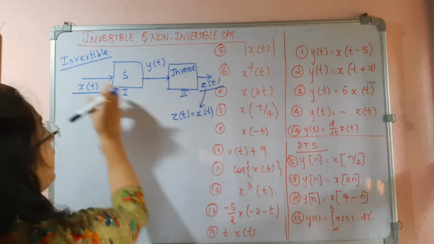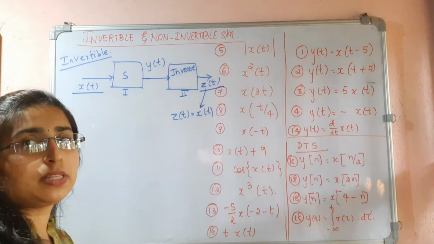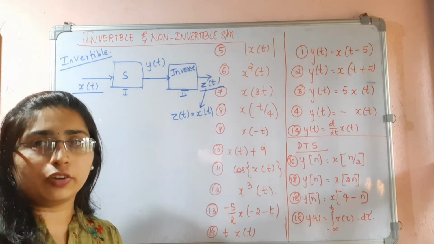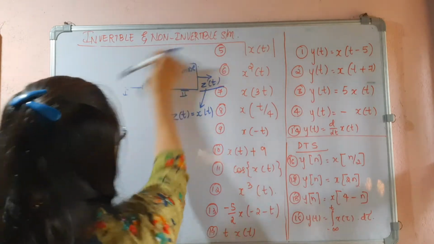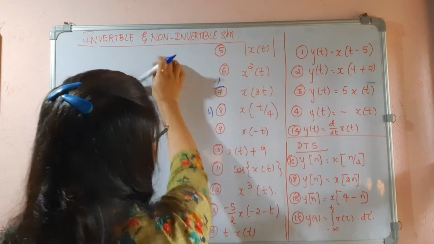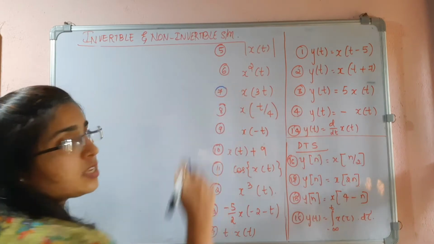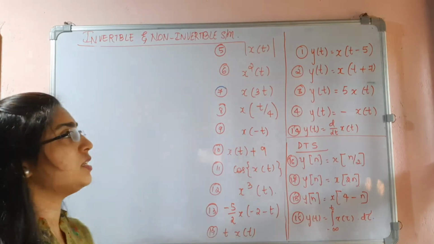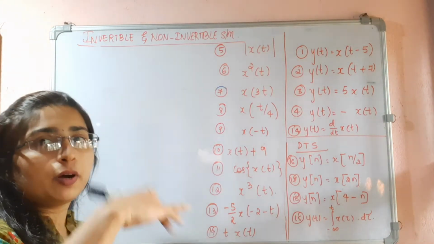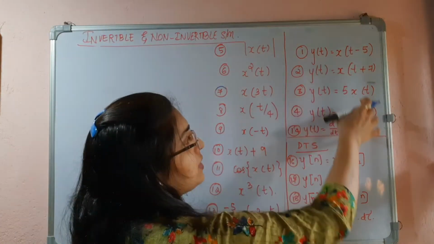If I am getting the original signal back from the signal y of t, it is an invertible system; otherwise it is a non-invertible system. If the system is invertible, we also have the inverse system, which was undoing the operation performed on the input signal.